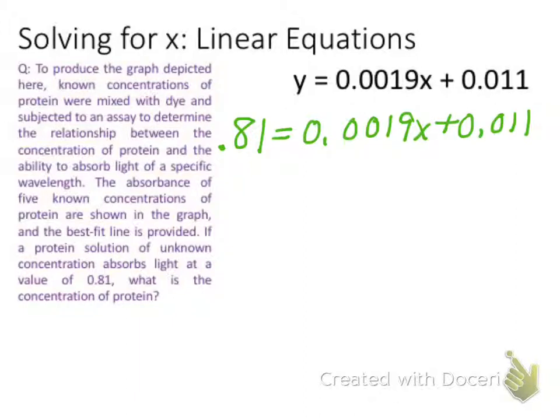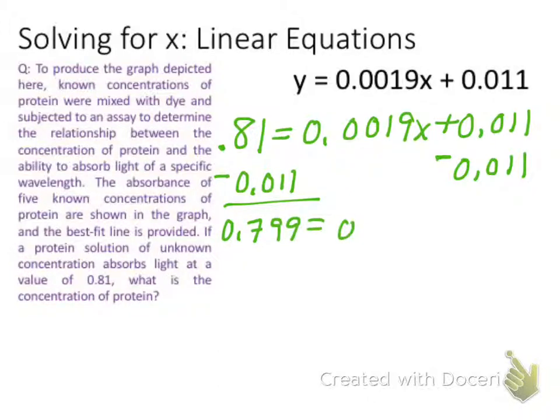The first thing we want to do is get rid of this 0.011 by subtracting that value from both sides of the calculation. When you do that, you end up with 0.799 equals 0.0019x on the right-hand side.